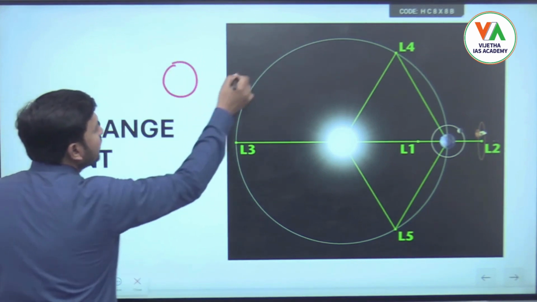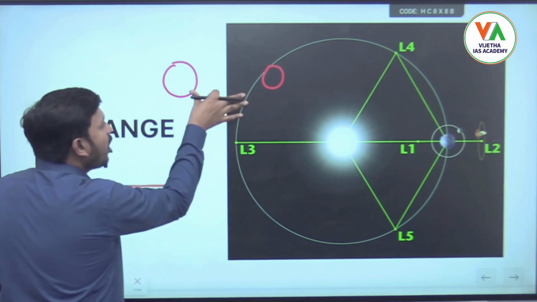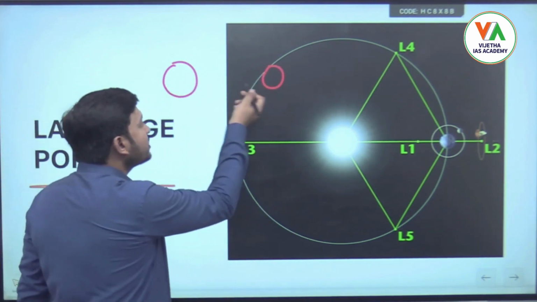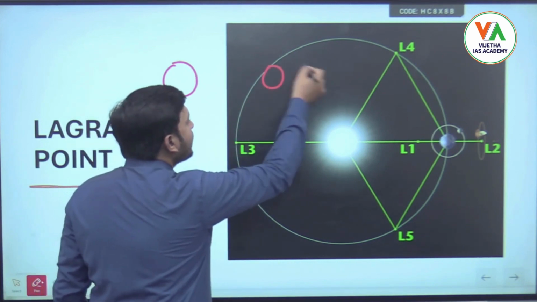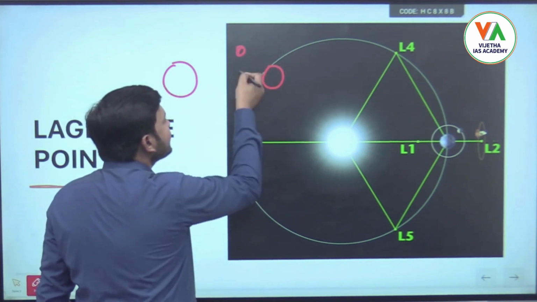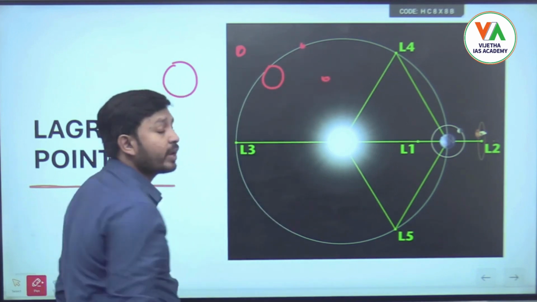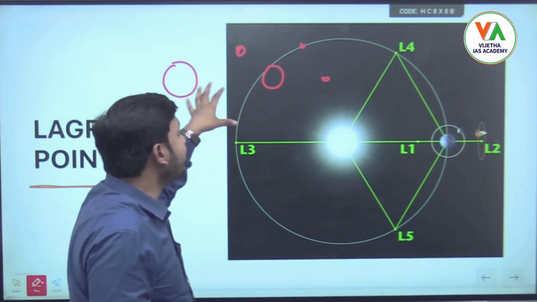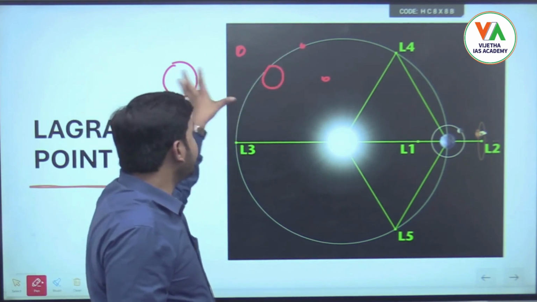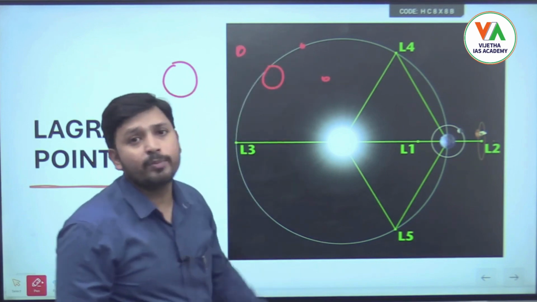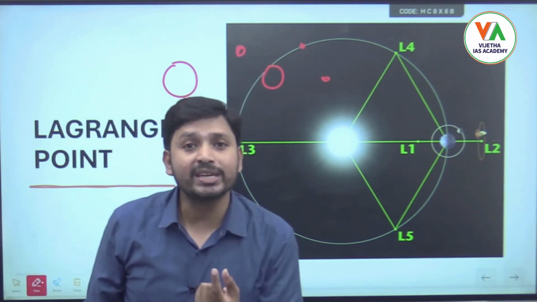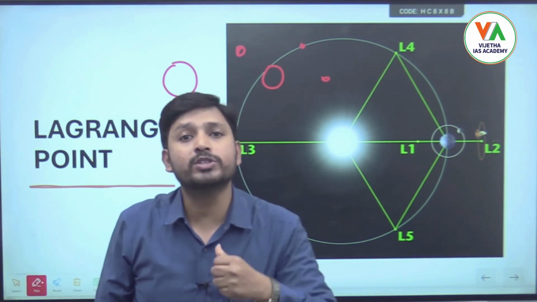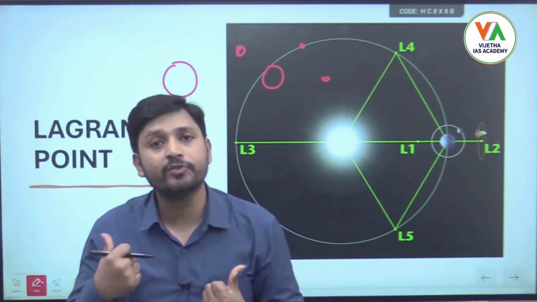For example, this is the Sun, this is the Earth, right? Because of the combination of the Sun and Earth system, for example, a satellite is located somewhere here. Because of the combination of these two bodies, their gravitational force will also act on the third body. So there will be certain locations where this third body can be placed in such a way that the gravitational force of the Sun is balanced by the gravitational force of the Earth.